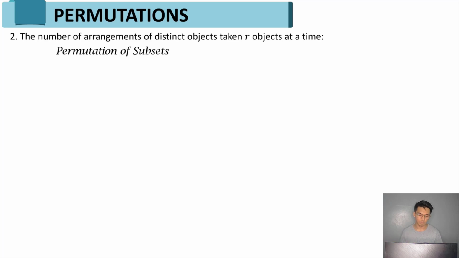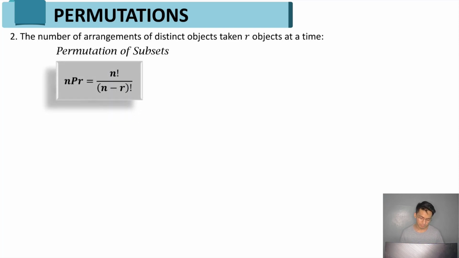For type 2, permutation of subsets. Kukuha lang tayo ng portions. And for permutation of subsets, meron tayong formula na nPr is equal to n factorial over n minus r quantity factorial. So, yung n natin, yung total ng objects, and yung r natin is yung subset or yung portion lang na kinuha mo dun sa total objects natin.